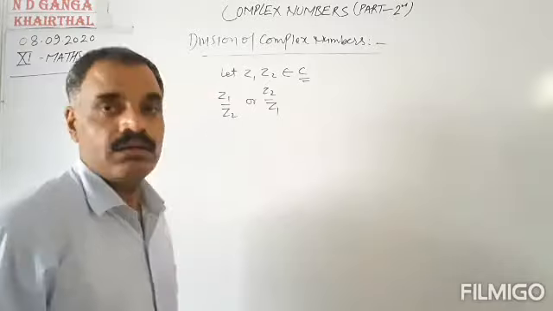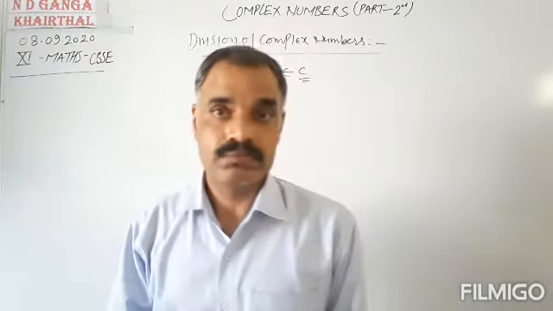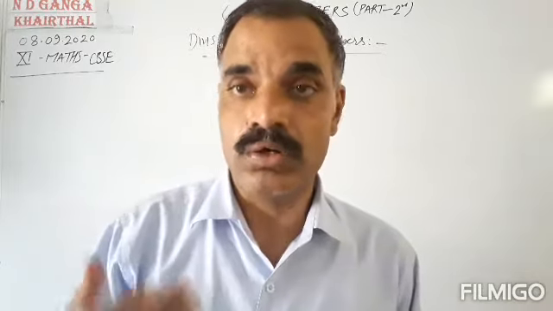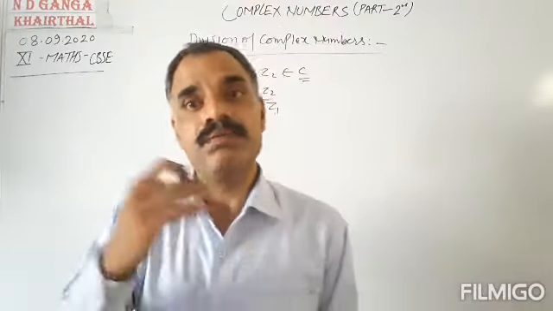This means division of two complex numbers is defined as z1 upon z2 or z2 upon z1. We will find one of them.